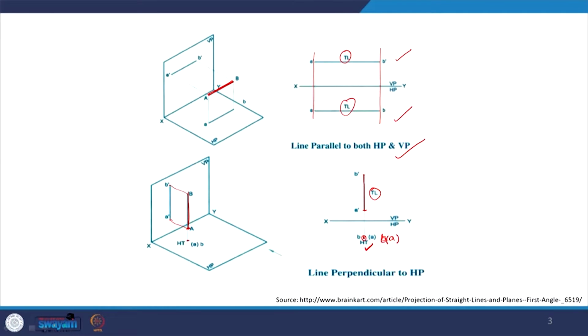A is beneath B. However, in elevation, as the nomenclature is, we will see B dash and A dash.